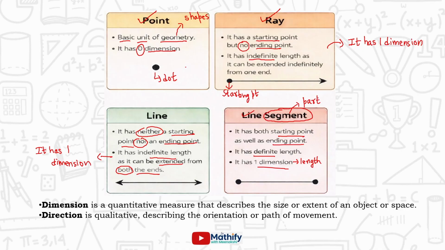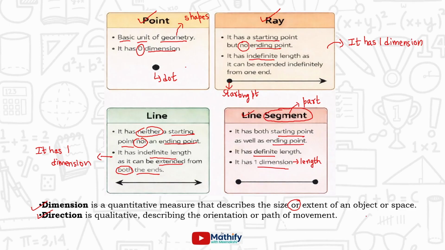So remember, a point shows position while lines, rays and line segments show length and direction. Most of the students get confused between dimension and direction. So you should know this: dimension is a quantitative measure that describes the size or extent of an object or space.